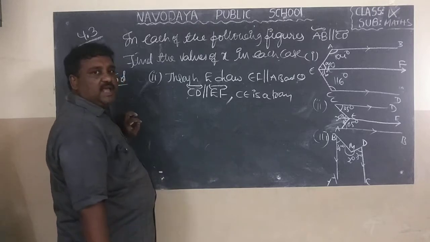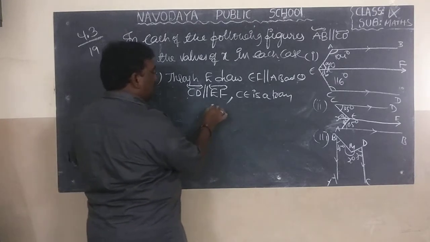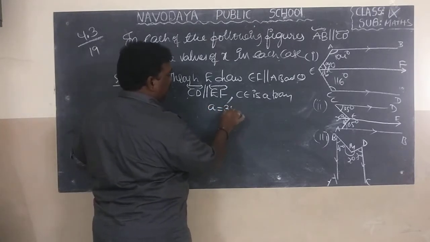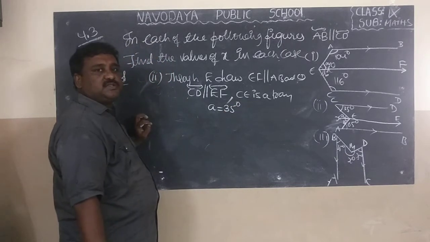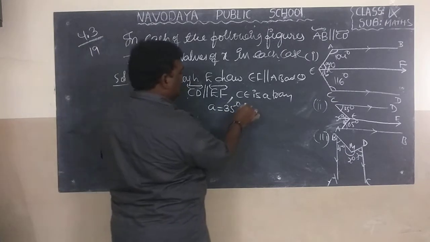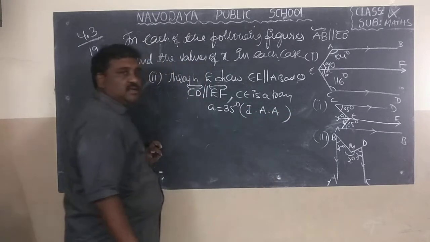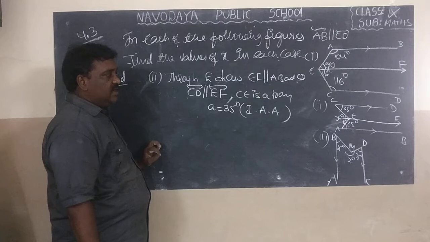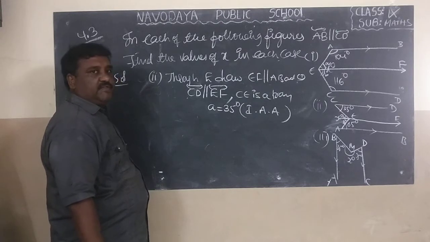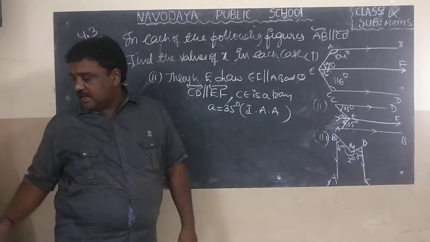Then what are the angles? Small a equal to 35. How does it become 35? Interior alternate angles. Small a is 35, interior alternate angles.